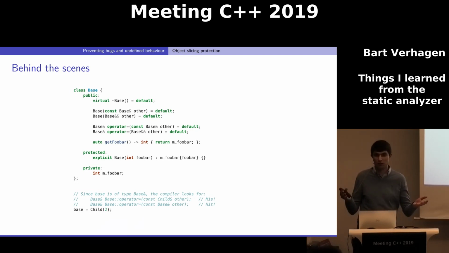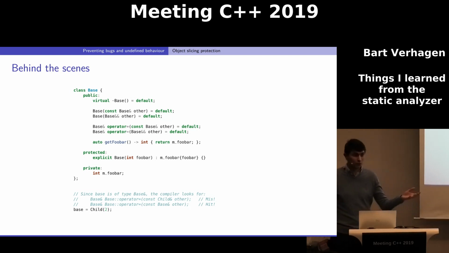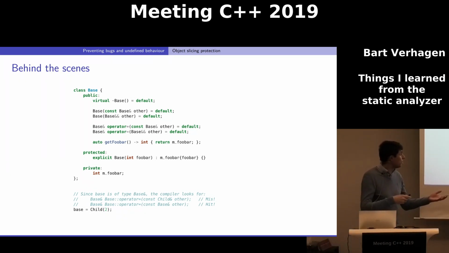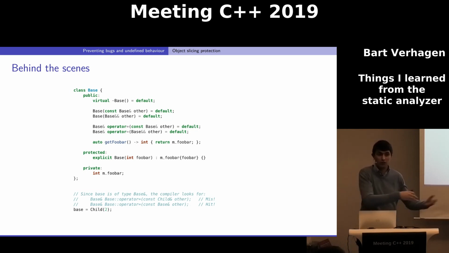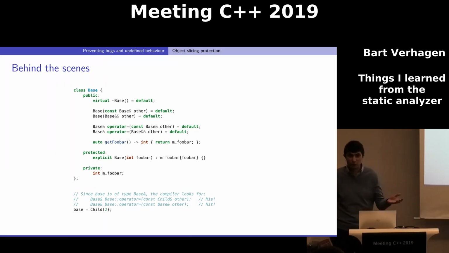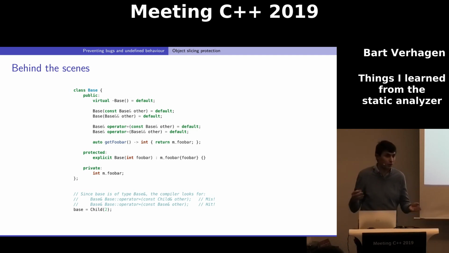Because we have two objects of which we only know that they are of type base. So we can copy foobar, but there is no way to get a handle on foo or to even know that we need to copy foo at all because it's something in a derived type. And of course, at this point, we have no idea what our derived types are or who's even deriving from us. And so it's not copied there.